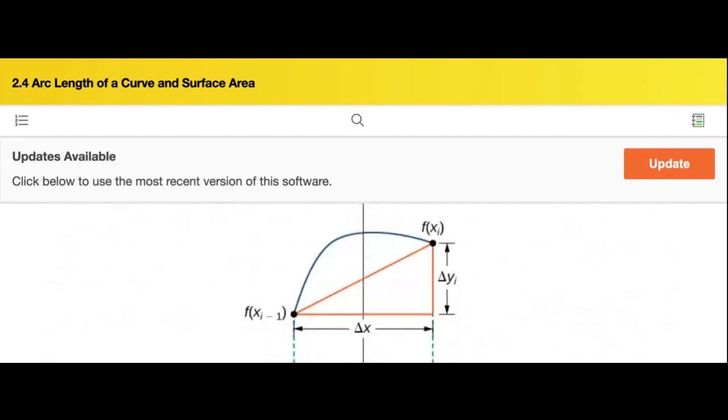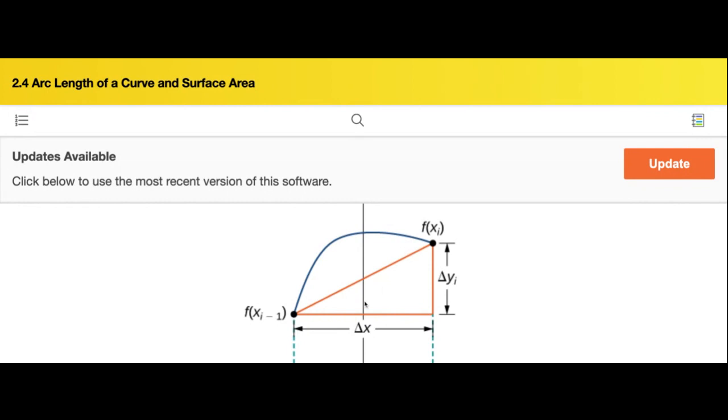So what's the idea? The idea is we're thinking about the distance between 2 points. First, we want to approximate. How do we approximate? We think of it as the hypotenuse of a right triangle. With a right triangle, we can use the Pythagorean theorem to find the length of the hypotenuse.